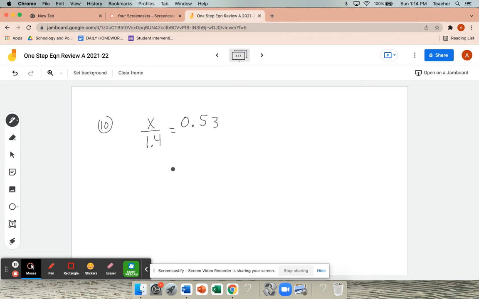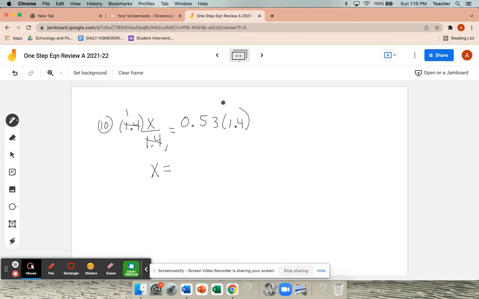Don't let the decimals throw you off. Look at the side with the x. What's being done? It's being divided by 1.4. So we need to multiply by 1.4. And if we do it to the left, we have to do it to the other side. The 1.4s cancel, and we get x equals.